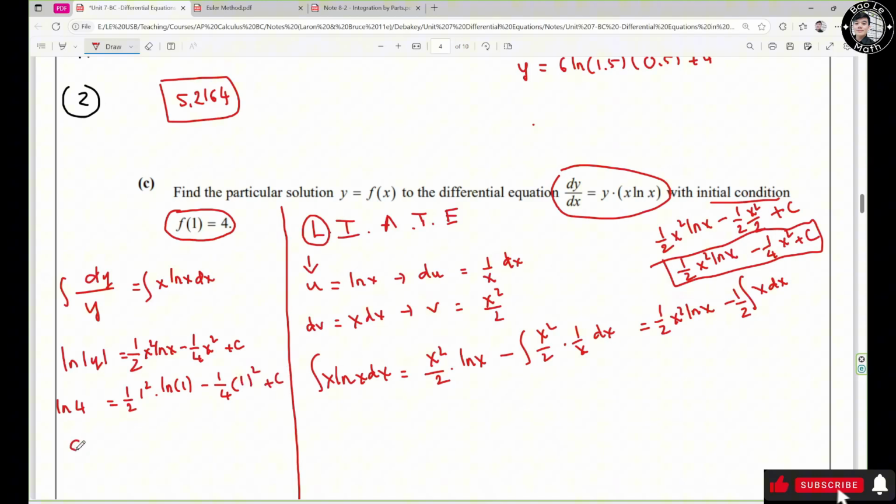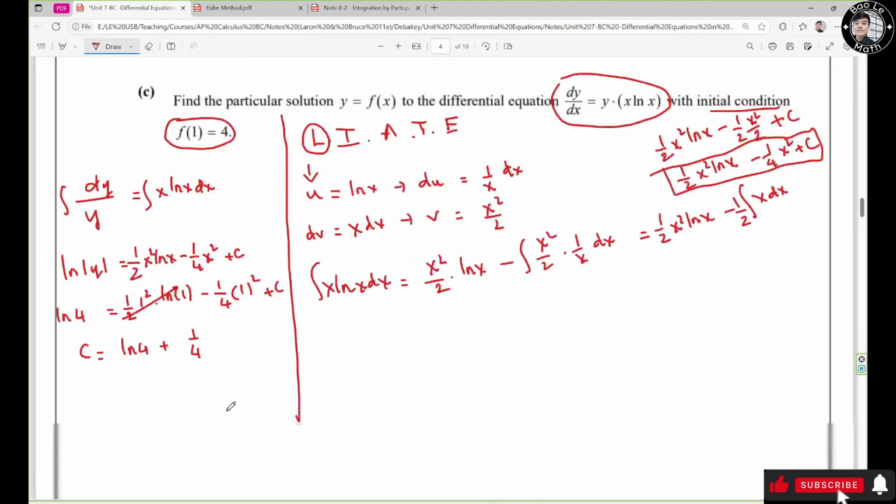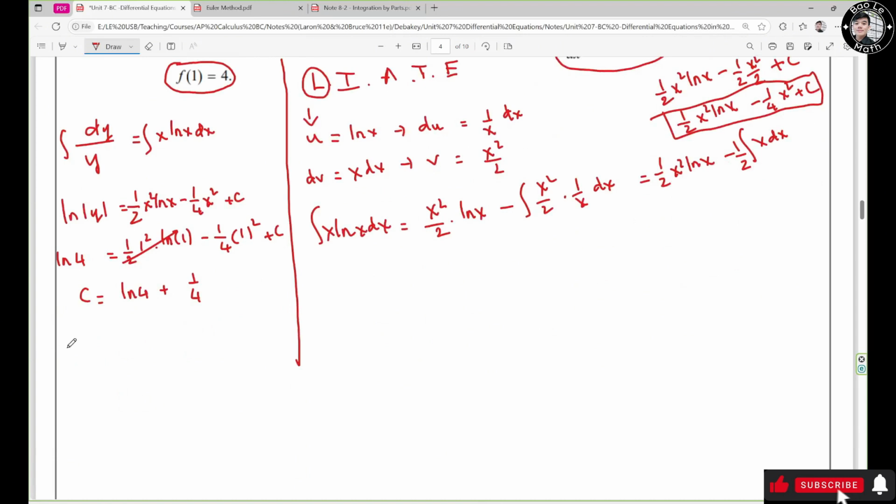So c equals, this one equals 0, natural log of 4 plus 1 over 4. So the equation becomes natural log of absolute value of y equals 1/2 s squared natural log of s minus 1 over 4 s squared plus 1 over 4 plus natural log of 4.